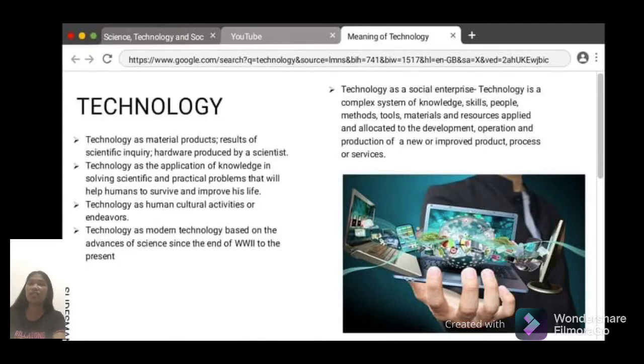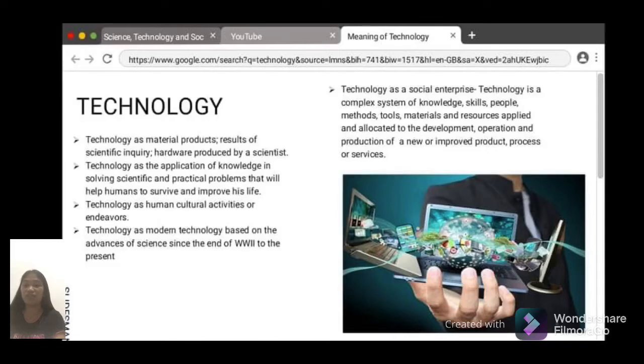So, technology as materials product, result of scientific inquiry, hardware produced by a scientist. Technology as the application of knowledge in solving scientific and practical problems that will help humans to survive and improve his life. Technology as human, cultural activities and endeavors.